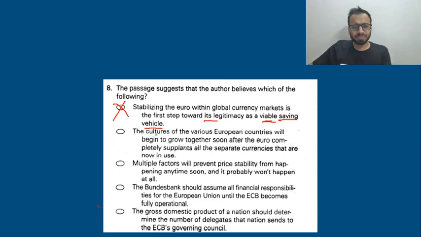Option B: Cultures of the various European countries will begin to grow together soon after the euro completely supplants all the separate currencies that are now in use. There is no mention of how cultures will grow together soon. The problem was that different countries have different cultures.